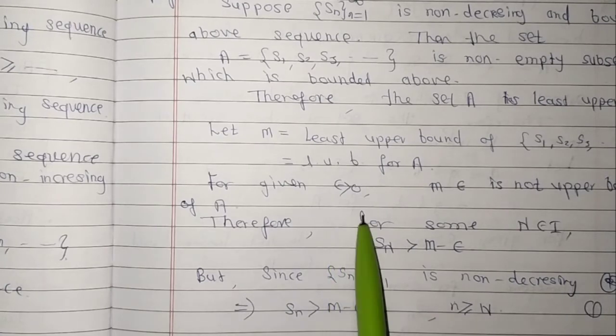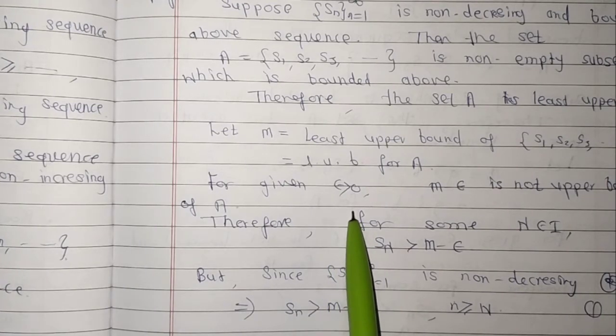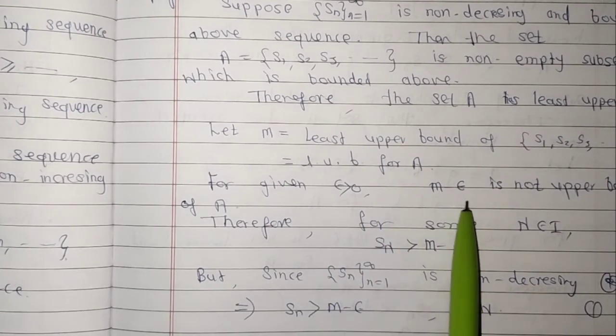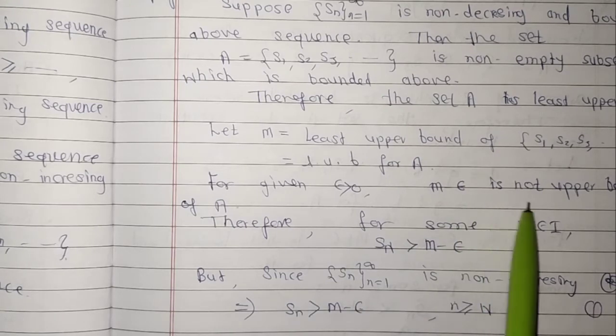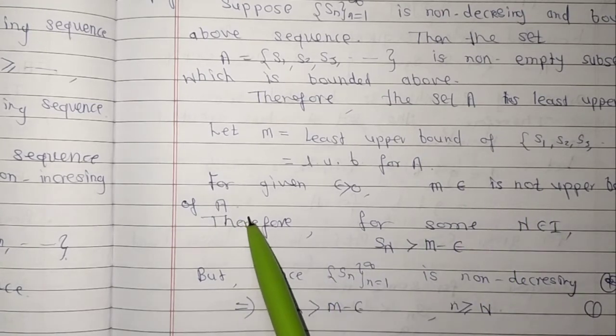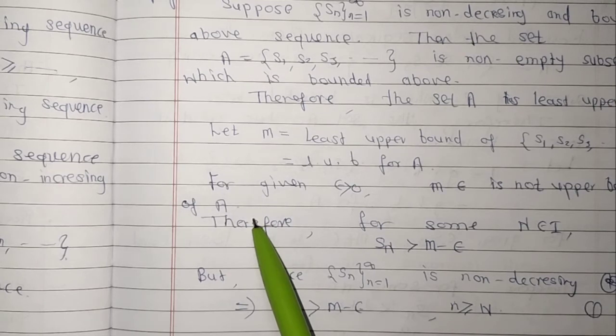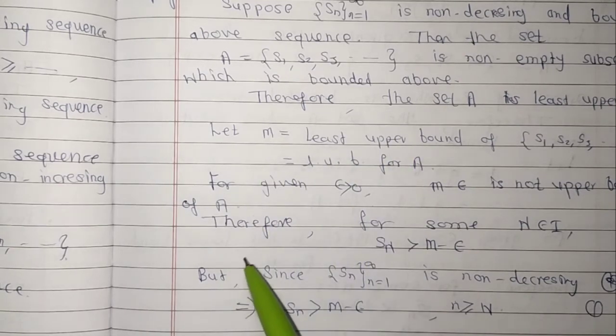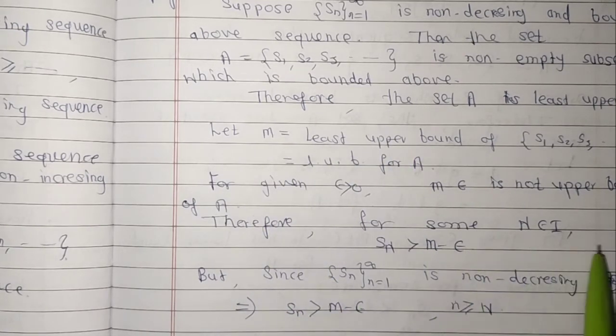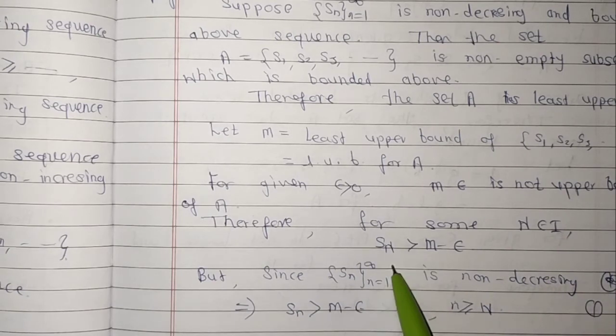For given epsilon greater than 0, M minus epsilon is not an upper bound of A, since M is the least upper bound. Therefore, for some n belonging to I, Sn is greater than M minus epsilon.